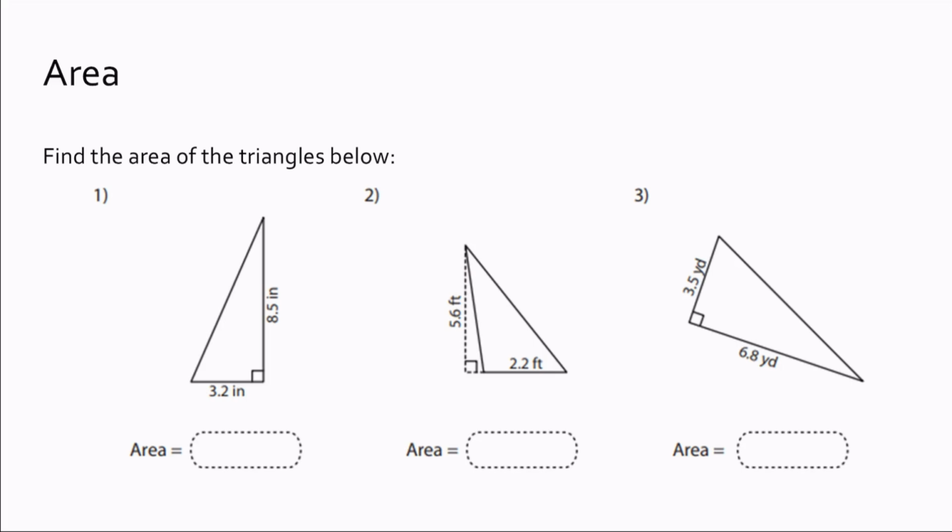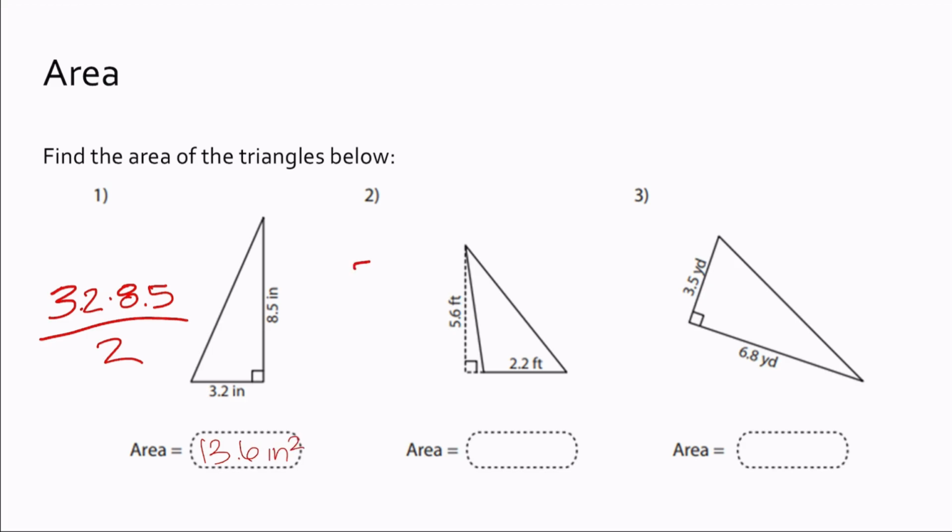Pause this video and find the area of these triangles. All right, so we have 3.2 times 8.5 divided by 2, which is 13.6 square inches.